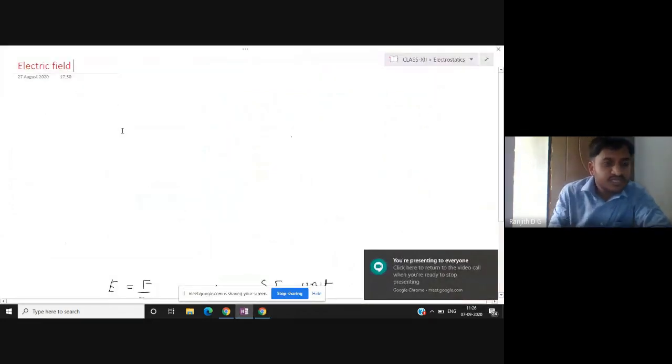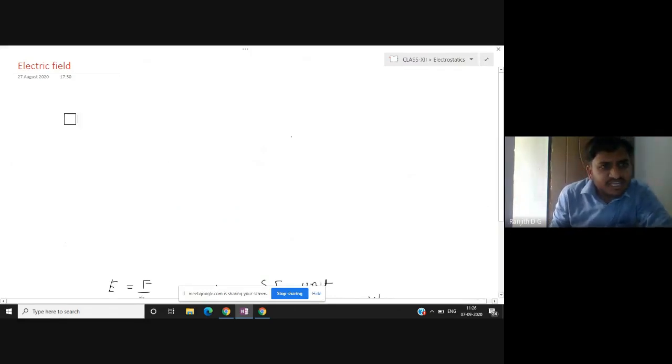Now we will study the concept of electric field. Before we rush into this topic, we should know what Coulomb's law is. We already studied in our previous class that if there are two charges separated by a distance r, then there exists an electrostatic force.